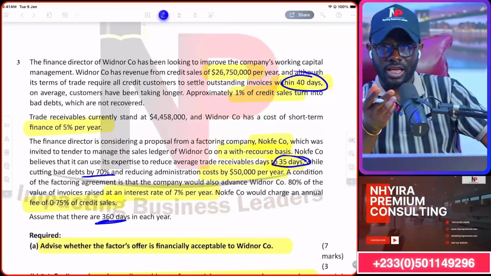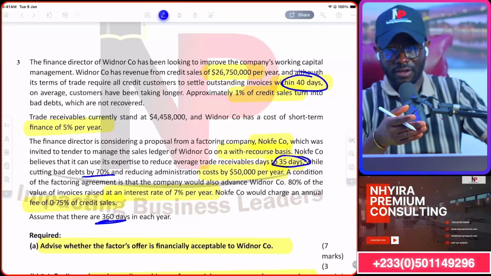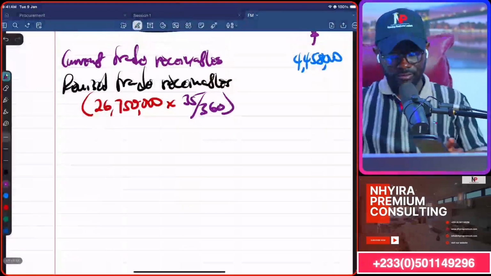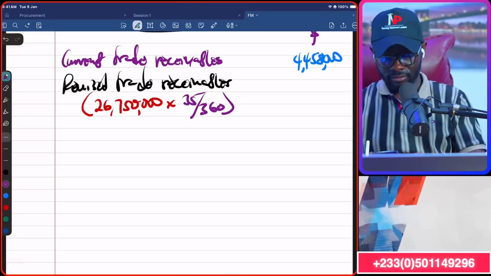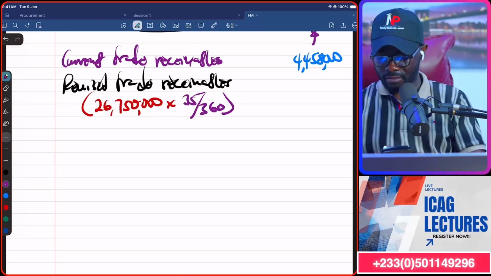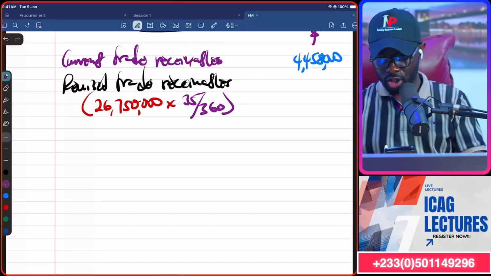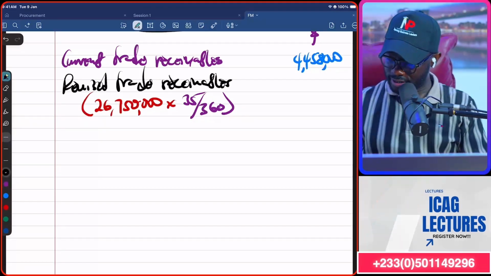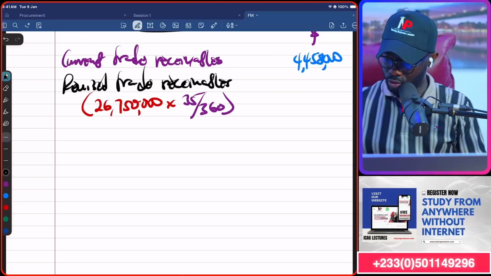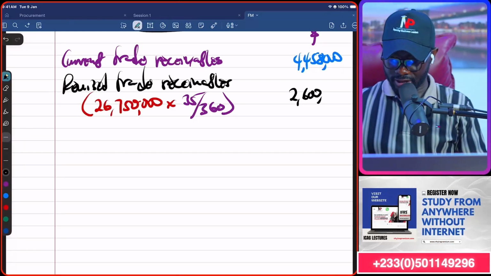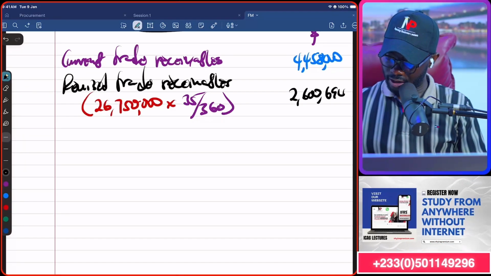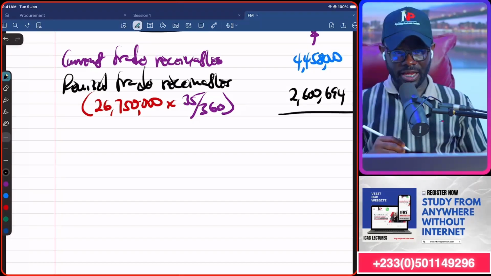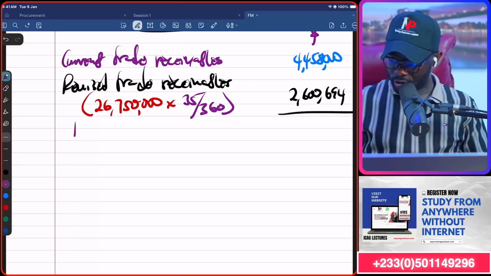If the number of days are not given, then we can use the standard 365. But 360 is given here, so we stick to that. So 35 divided by 360 times 26,750,000. And that is 2,600,694.